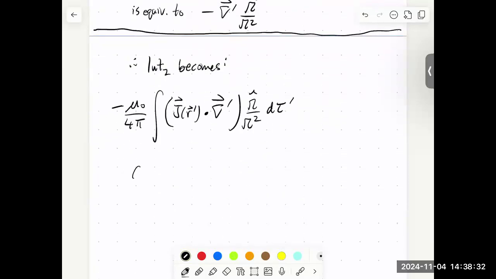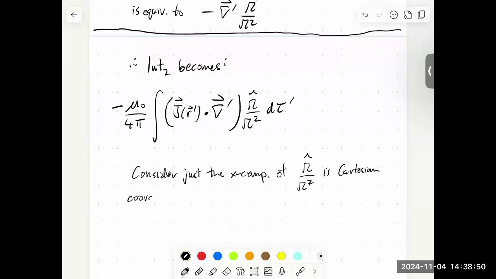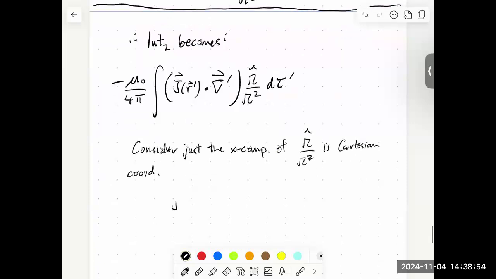So let's consider just the x component of this thing in Cartesian coordinates. All right. So we're going to have the current density dot product with this thing. And then we're going to have just the x component.